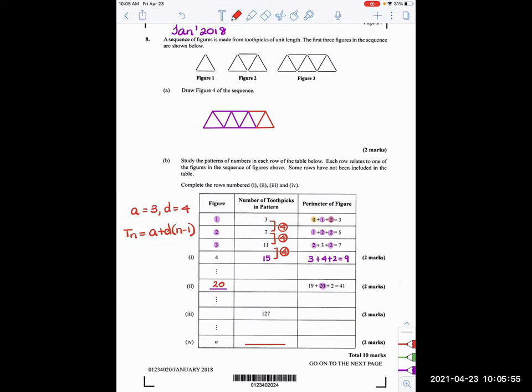So use the formula and work out n. Finished. Is anyone still writing? No, miss.